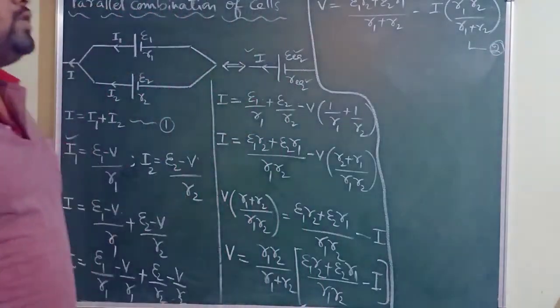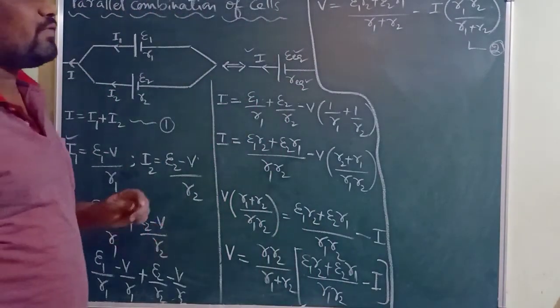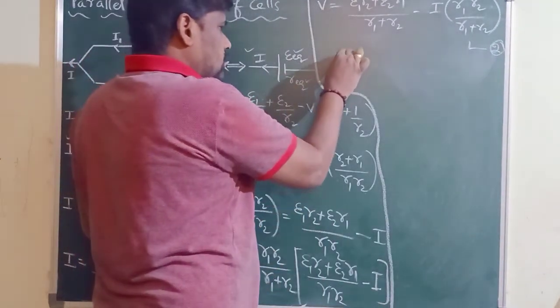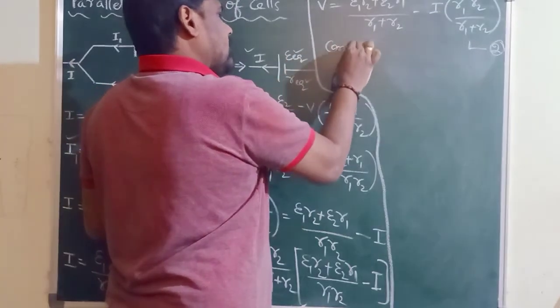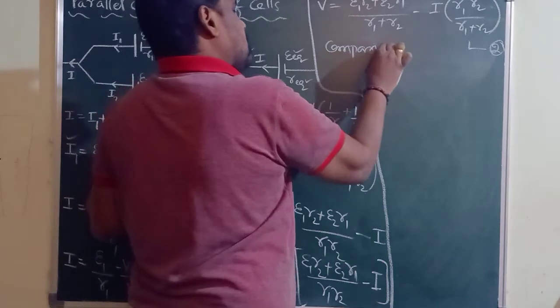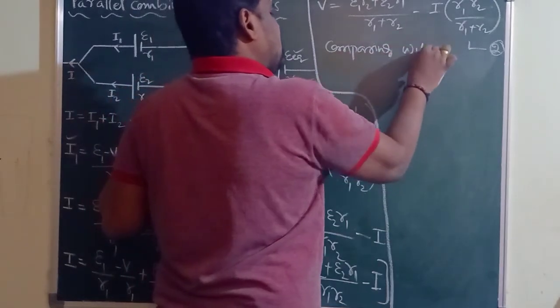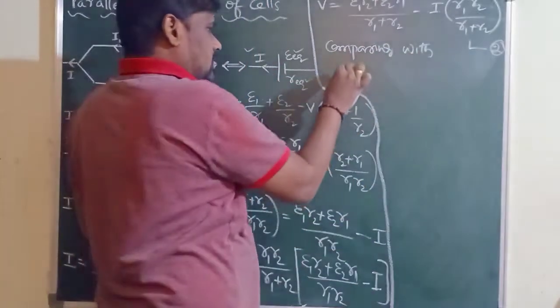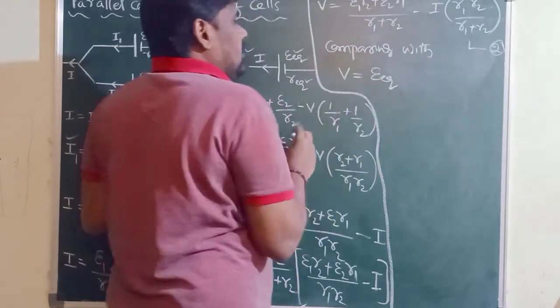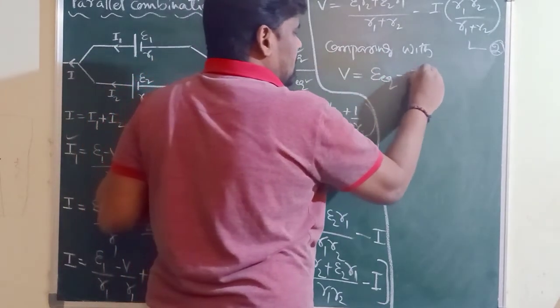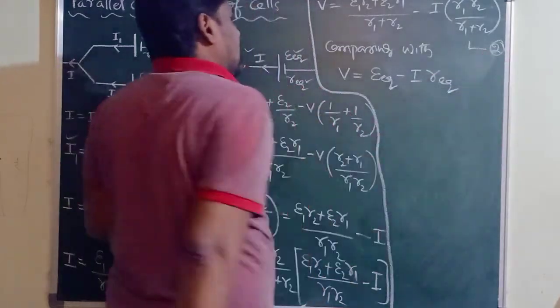Further, equation 2 is of the form, comparing with one of the standard equations. Which is the standard equation here? V equals E equivalent minus I into R equivalent.